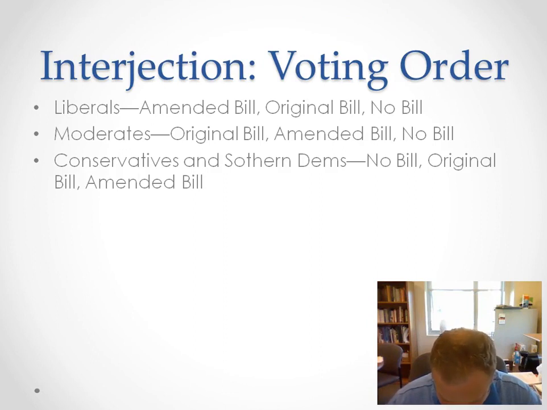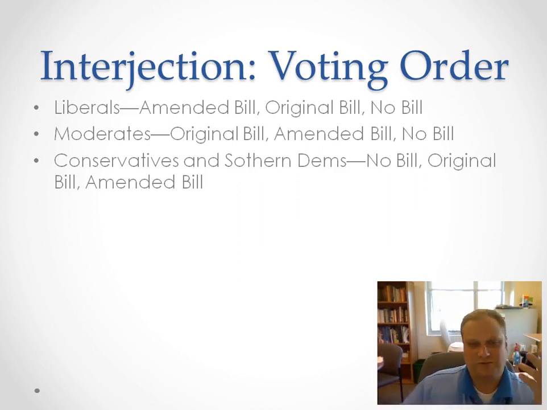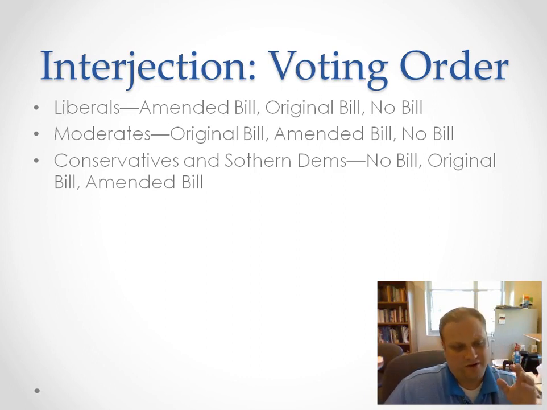If we interject for a moment and think about voting order, if we were to label our supporters into a few groups, we have liberals, very committed liberals, who want to see the amended bill more than the original bill.